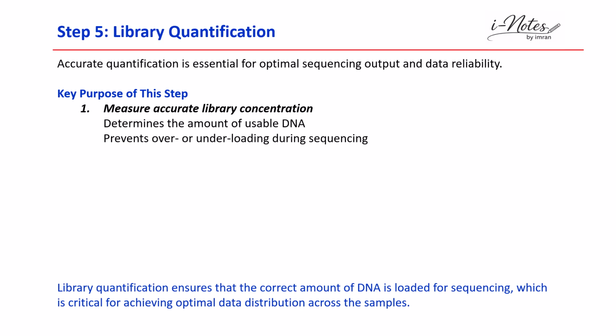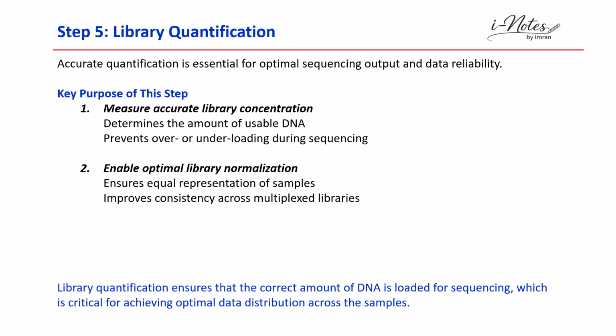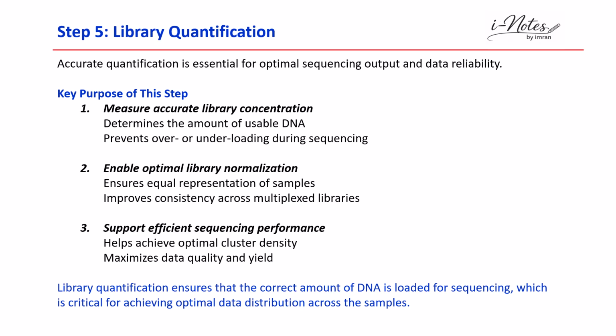determines the amount of usable DNA, and it will prevent over or underloading during sequencing. It will also help you during pooling, so that you have equal representation of all the samples based on the concentration which you are going to multiplex during the sequencing.